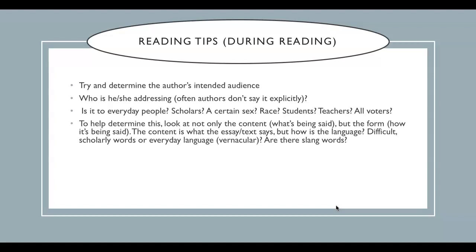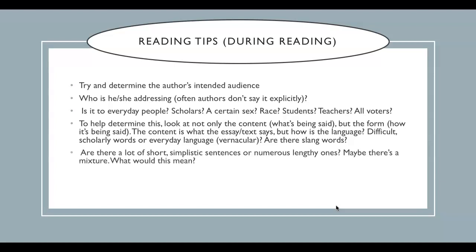Okay, so to help determine who the intended audience is, don't look just at the content of what's being said, but how it's being said. So what's the language like? Are there common everyday words? We call that vernacular. Are there a lot of short simplistic sentences or numerous lengthy ones? Maybe there's a mixture.